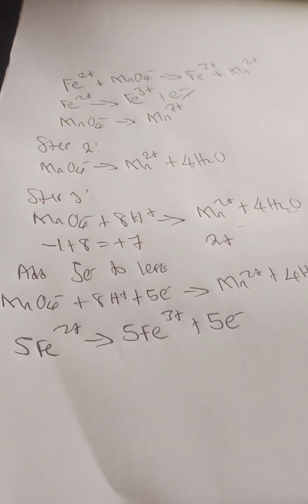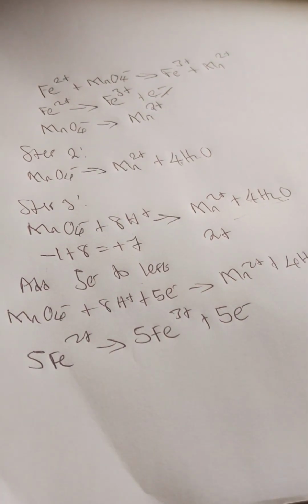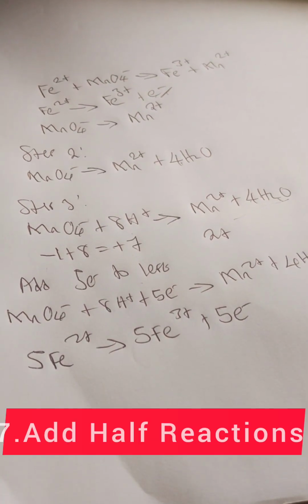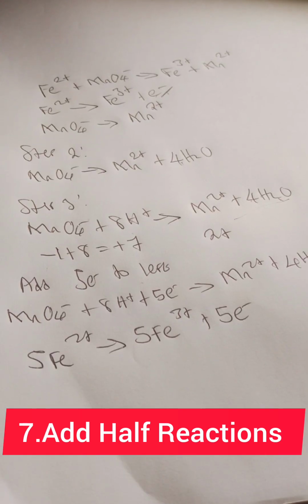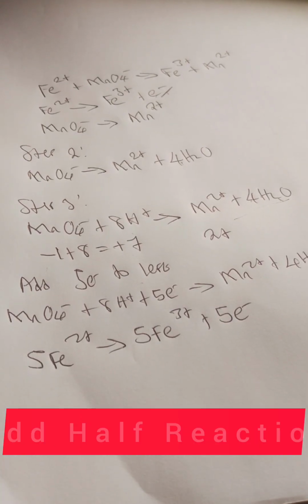Now the last step. After equalizing the electrons, you just have to write the final balanced equation. And how do you write the final balanced equation? By adding the 2 half reactions. Then that's when you are going to have your final balanced equation. So we are going to say here add.